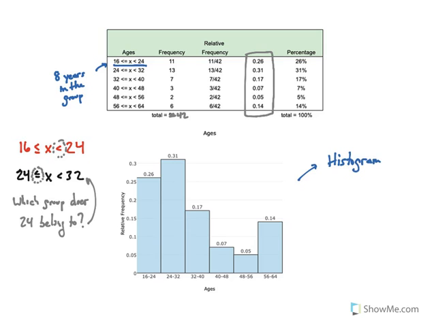So let's talk about some properties of this histogram real quick. Note that we have our ages on the bottom, just like we had before. But now all of our bars are touching. We're going to need that because this is a number line down here. It's like we have from 16 all the way to 64.